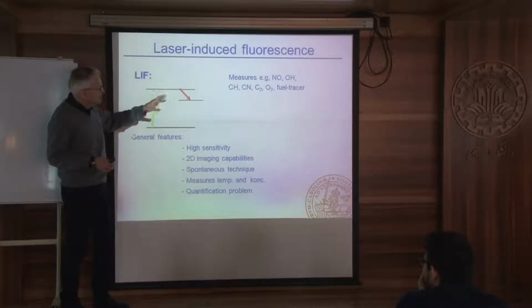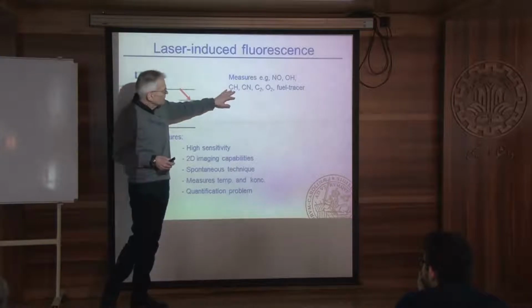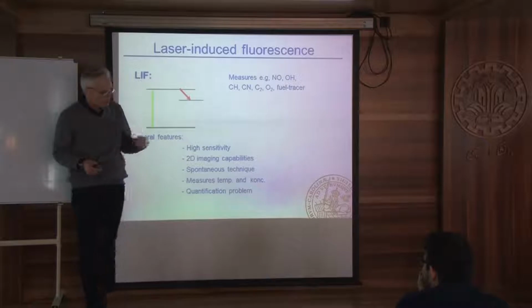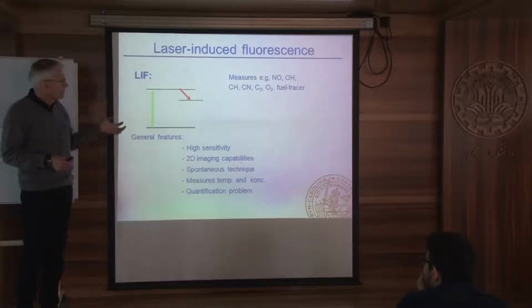So the smaller the number of atoms in the molecule, the better. That's why most of the work that has been done is on diatomic molecules, of course, but also on 3-atomic, and some higher.